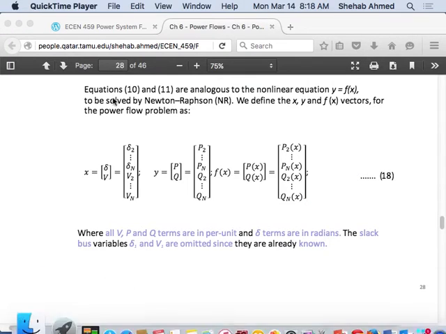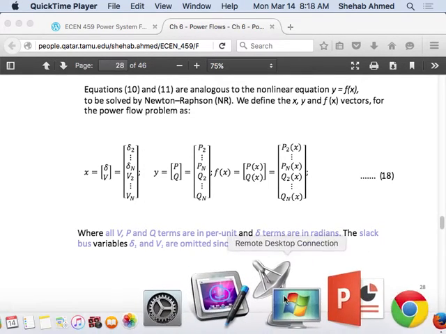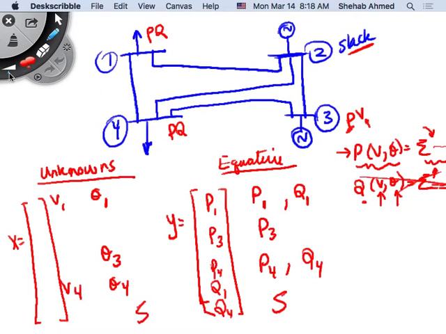If you go back here, they write all the angles first, and then all the voltages below that, right? So I go back to my unknowns, and I write my angles first: theta 1, theta 3, theta 4, and then V1 and V4.